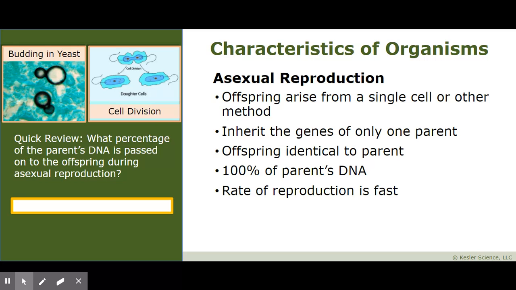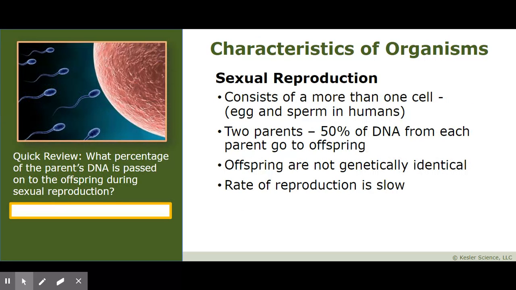So for a quick review, what percentage of the parent's DNA is passed on to the offspring during asexual reproduction? What percentage is mentioned here? Sexual reproduction consists of more than one cell, egg and sperm in humans.